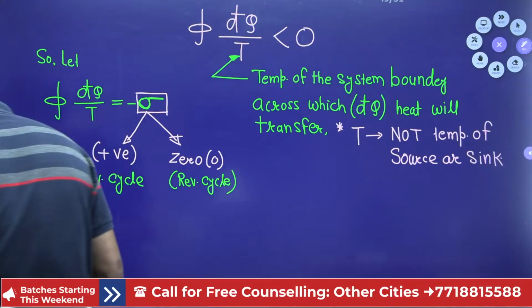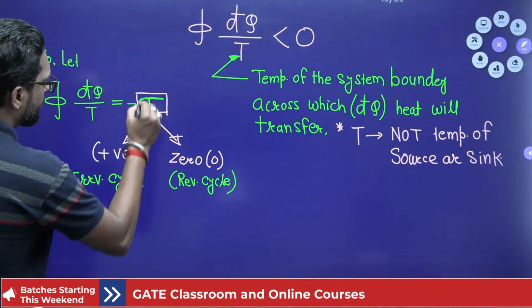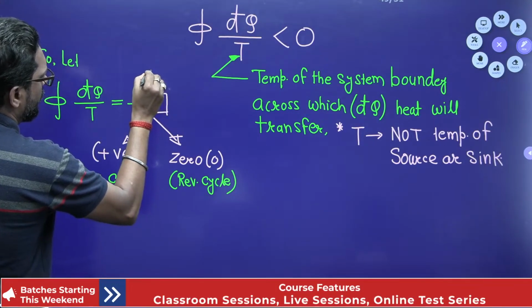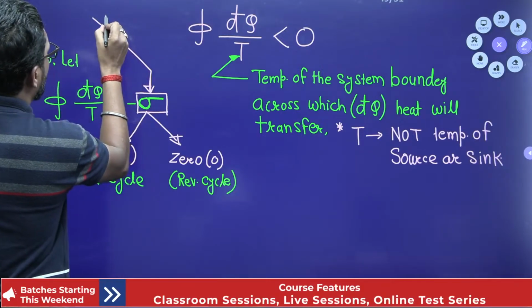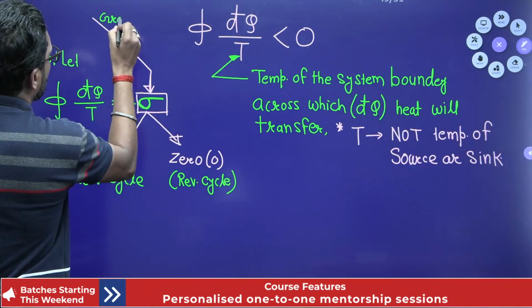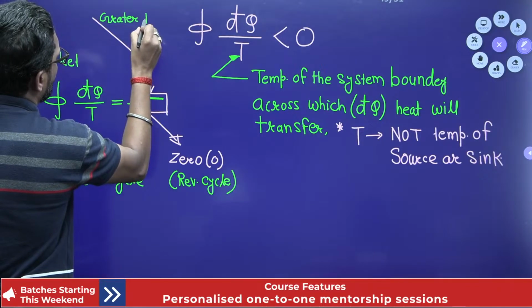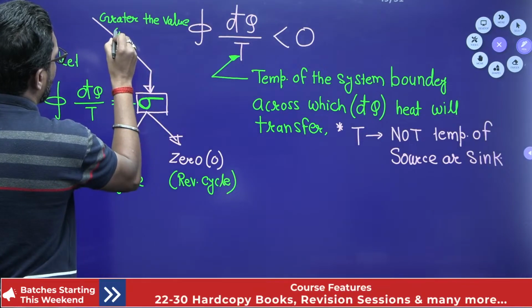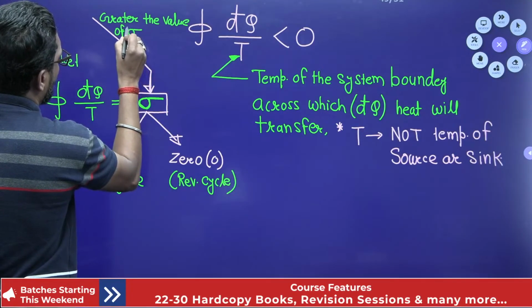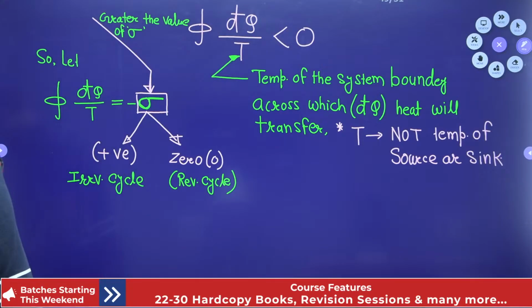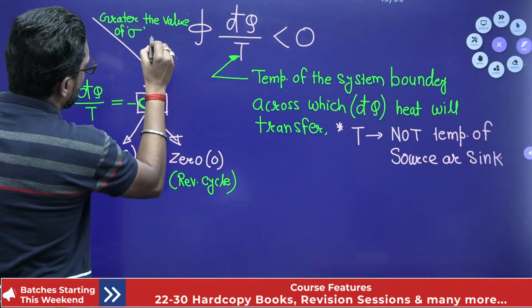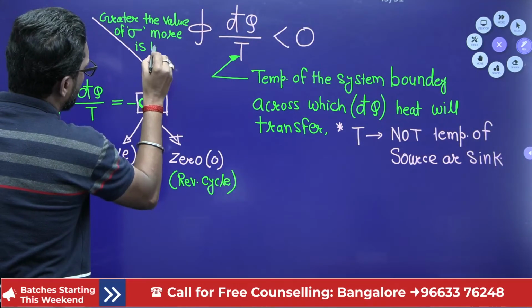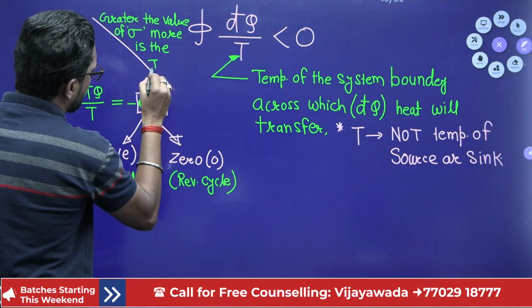So you can write: greater the value of rho, more is the irreversibility.